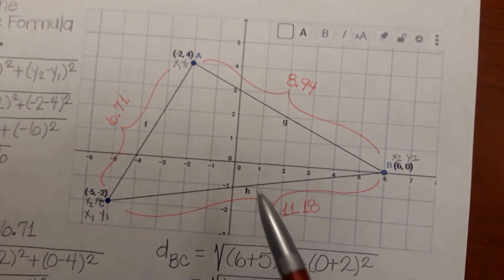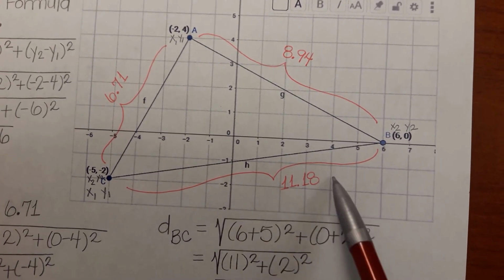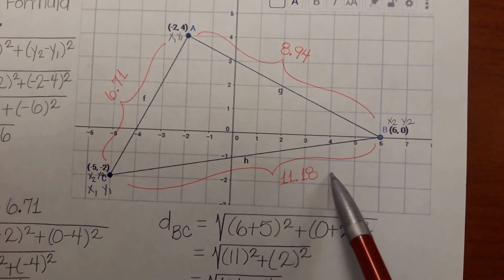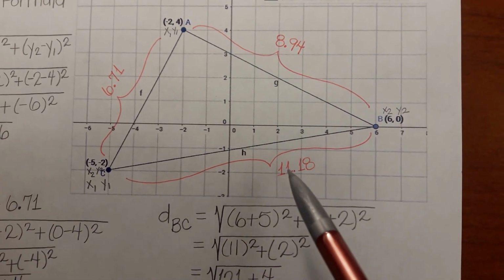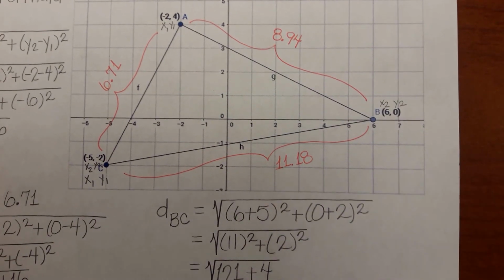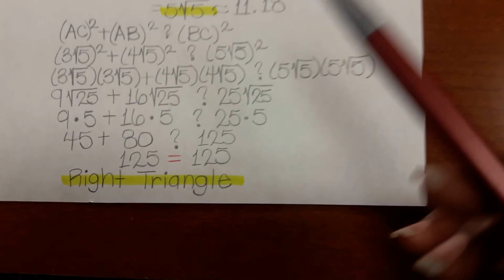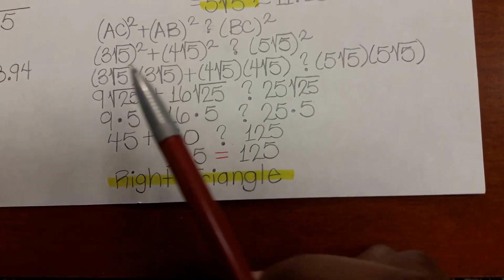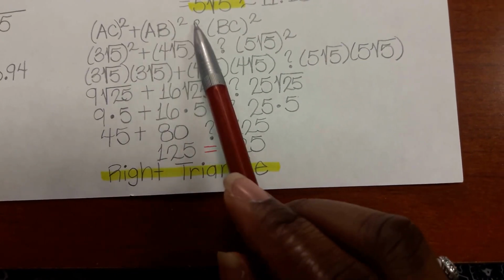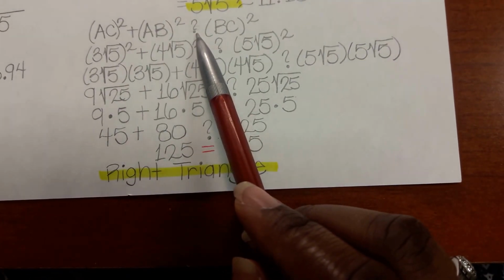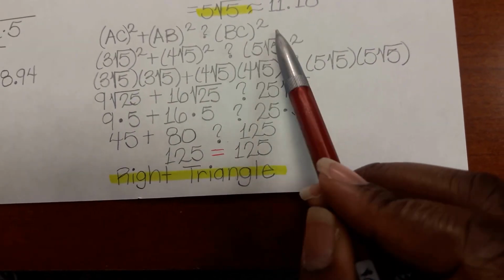So looking at this triangle, I can tell that this would be the third side, which is your largest side. So when I apply my Pythagorean theorem, I want to use these two as my legs and this side as the hypotenuse. Before I start, I said that AC squared plus AB squared, and I don't know if it equals, is less than, or greater than BC squared.